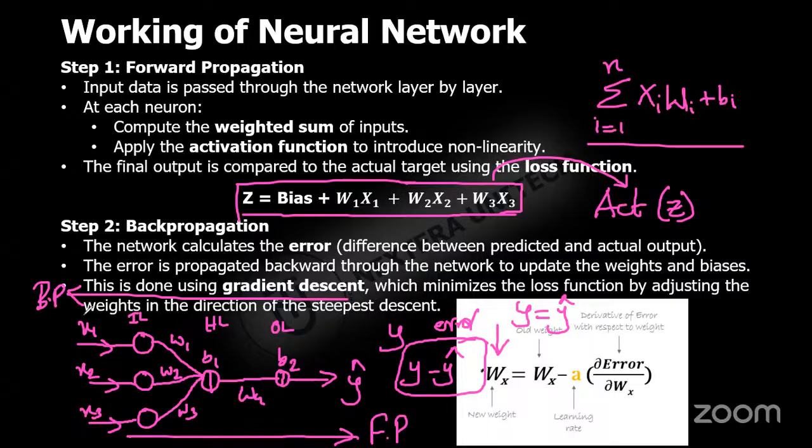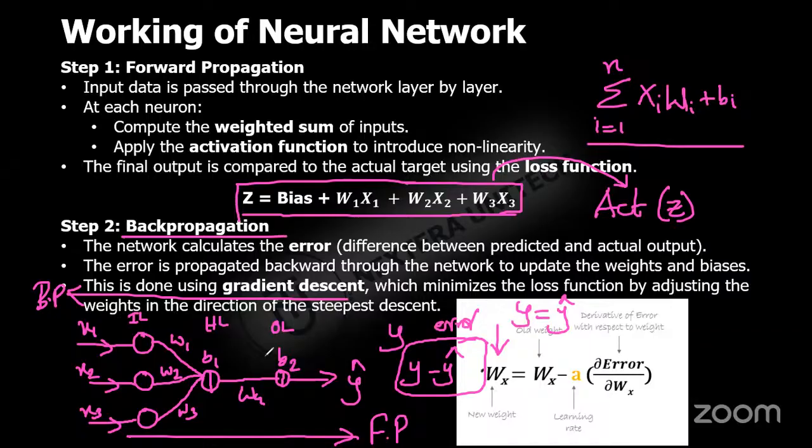What exactly happens in backpropagation is that the weights and the biases W1, W2, W3, W4, B1, B2, the parameters, all need to be updated, guys. That will be done as part of backpropagation.